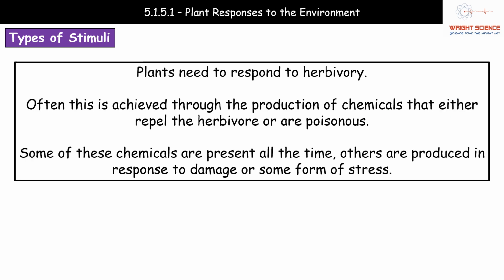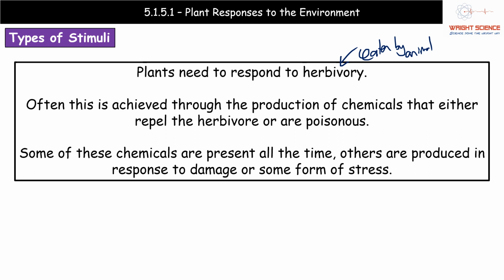So one of the types of stimulus that a plant is going to have to respond to is herbivory. Now, herbivory is basically where those plants are going to be eaten by some kind of an animal. Now, in terms of how our plant is going to respond to this herbivory, then this quite frequently is achieved through producing certain chemicals.